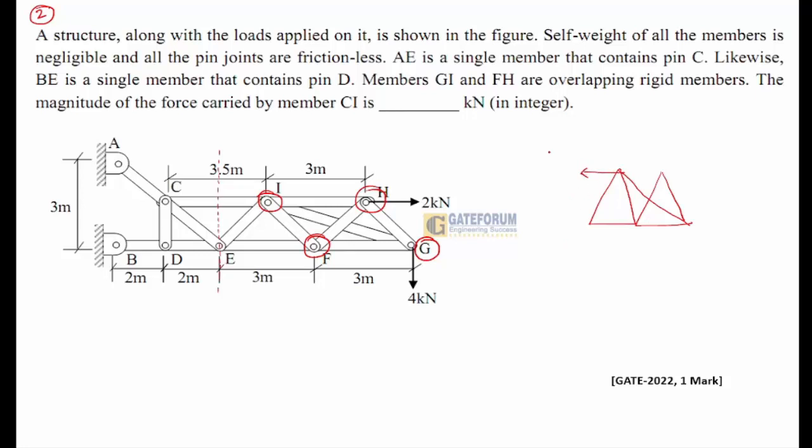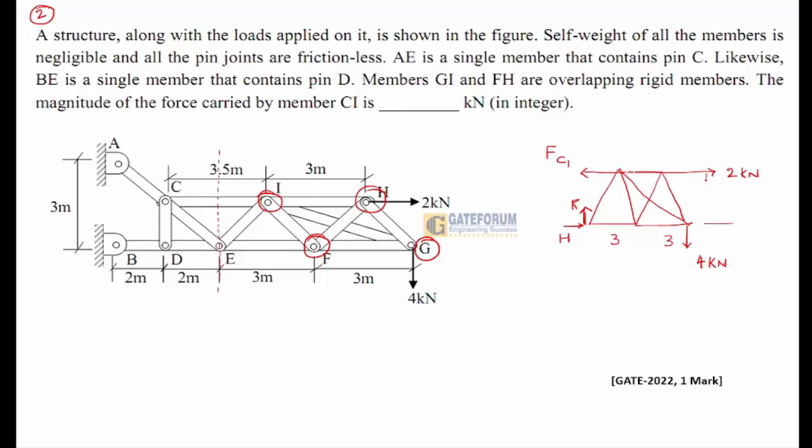From point C, there will be force FCI, the reaction force upward R, horizontal force H, downward acting force 4 kilonewton, 3 meter width, and 2 kilonewton acting here.